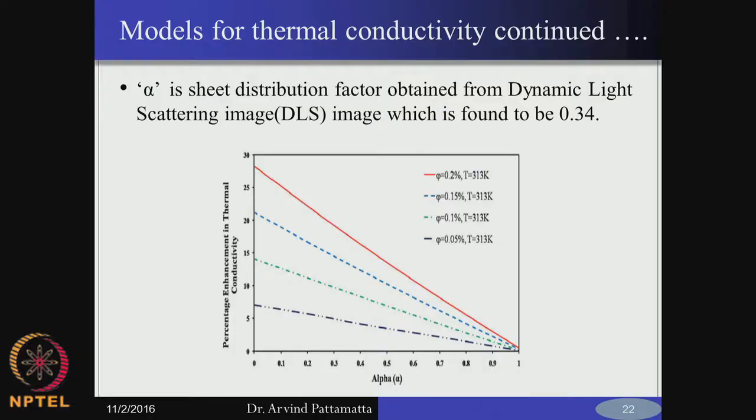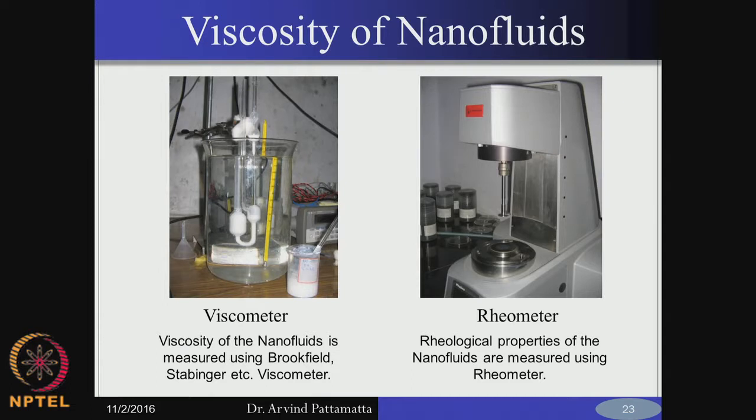So, this is probably one of the best models available so far in the literature, which can be used for a wide range of different kinds of nanofluids, and you can get satisfactory agreement. Okay, so this is one component.